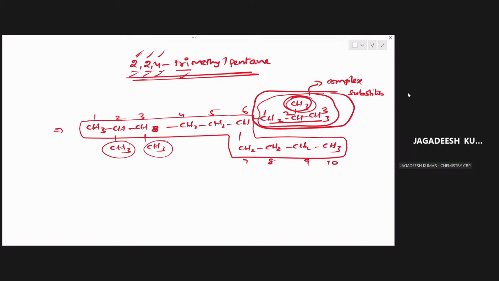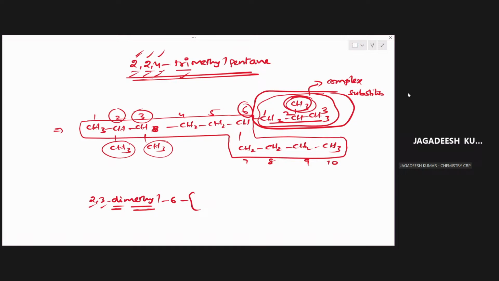So 3 carbons in the straight chain, but again one more substituent, another methyl substituent on the substituent. First of all, here the second carbon and third carbon, as usual, you can write 2,3-dimethyl, because di means 2 times, and 2 and 3 are the positions of the methyl groups. This is over. But the 6th carbon contains a complex substituent. How to write it? You have to use brackets here for the complex substituent.